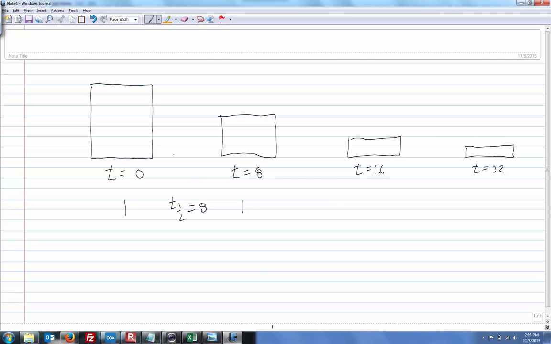And so what it means, if I wait 8 days, only half of my original sample is going to remain. Wait another 8 days, only half again. Another, only half again, sort of ad infinitum. So 8 days, 8 days, 8 days, on down the line.